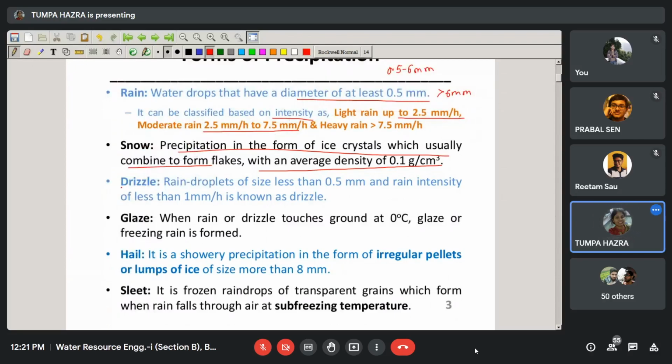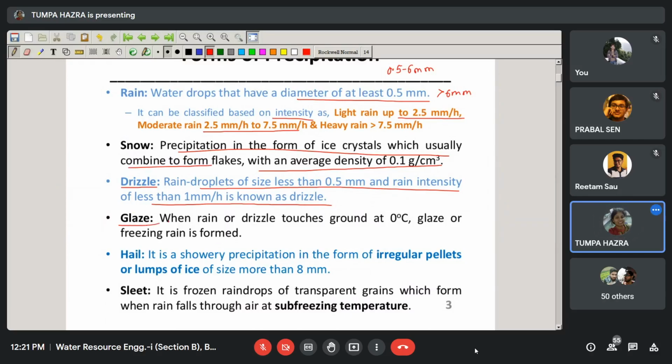Then drizzle. I already told you that rain droplets of size less than 0.5 millimeter and rain intensity less than 1 millimeter per hour is known as drizzle. This drizzle generally does not reach the earth's surface. It floats in the atmosphere, and whenever the sunshine comes, it evaporates back to the atmosphere.